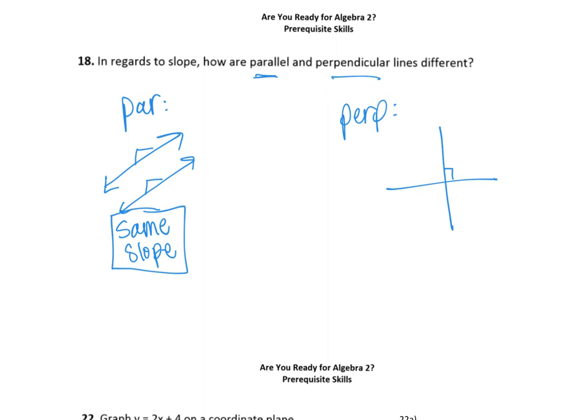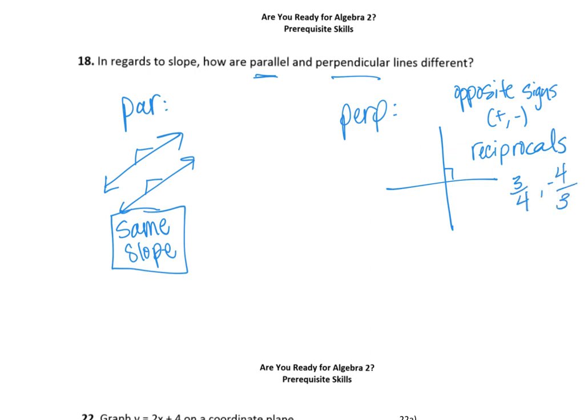So we say perpendicular lines have opposite signs, meaning one is positive, the other is negative, and they are reciprocals, meaning like 3/4 and then opposite sign -4/3. This is an example of two perpendicular slopes. One's positive, one's negative, and they are flip-flopped from each other. So that's the take home there.